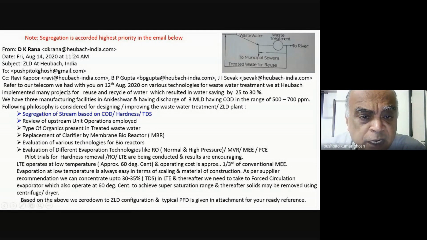You'll see over here, he's listed a number of things which they're trying to do. At the top of the list is segregation of streams based on COD, hardness, total dissolved solids. So you can see that segregation is a very important, clever, practical thing to do.